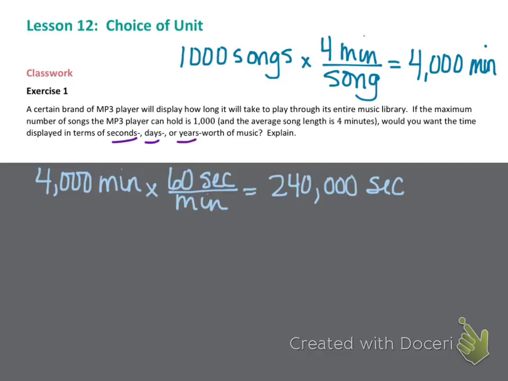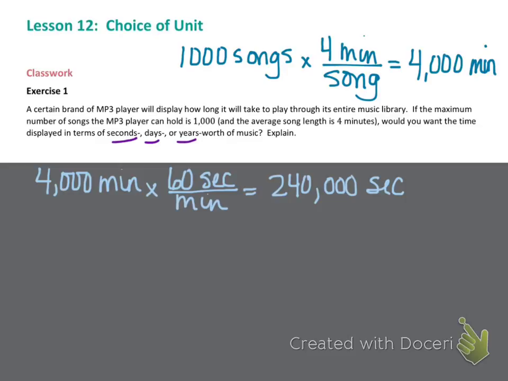This is my unit multiplier here, and that is 60 seconds over 1 minute. I really could put in a 1 there. It's a fraction where the numerator and denominator are the same, so it's equal to 1. I can multiply by this and not change the value of 4,000 minutes. When I do that, I get 240,000 seconds.